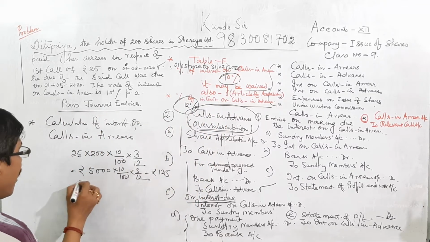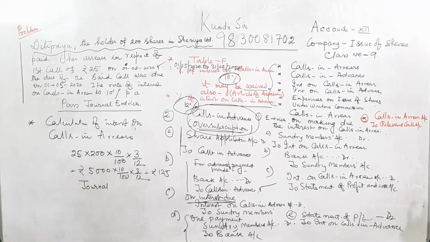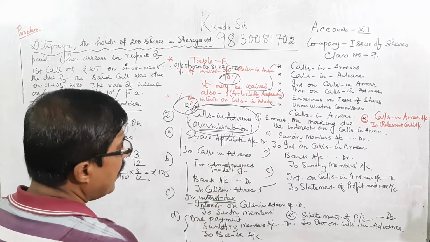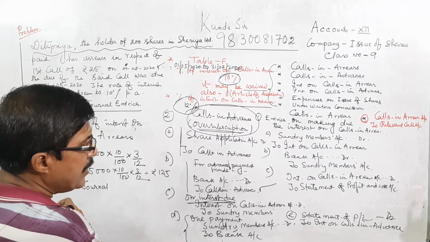Then the journal. Now, what will be the journal entry? That is in calls in arrear. Then we have calculated interest, already calculated.